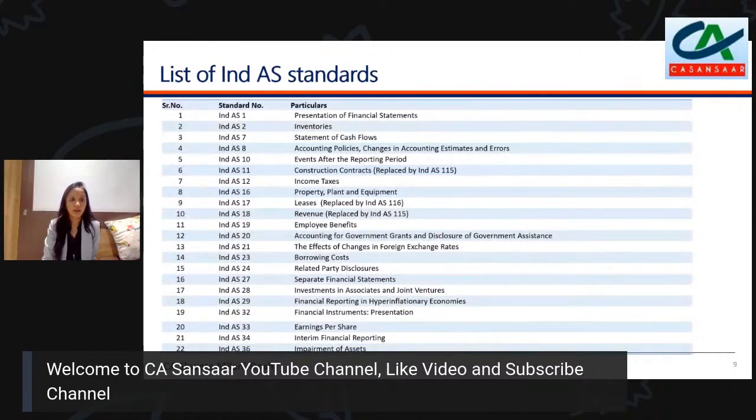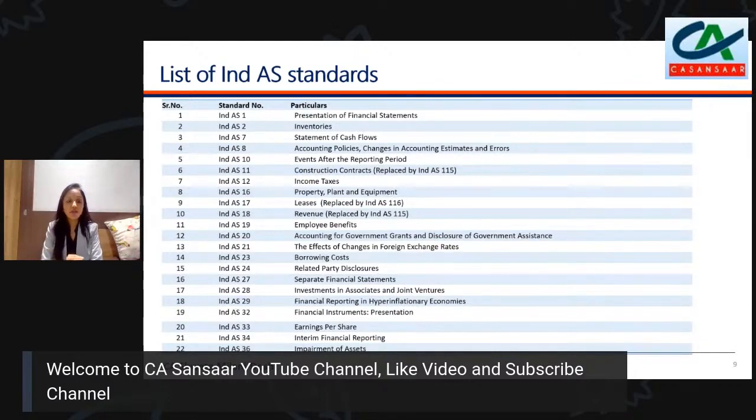Moving on to the next standard, which is called Ind AS 20, accounting for government grants and disclosures of government assistance. So in this standard also, there are very important differences compared to your previous Indian GAAP. Under Indian GAAP, you had a concept of promoter's grant.